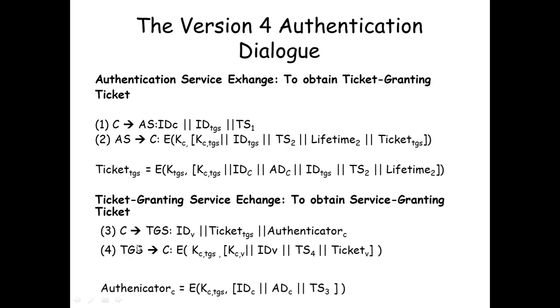Once the ticket granting server receives this request, it will respond to the client by sending a message encrypted by the key KC,TGS, which is shared by the client and the ticket granting server, containing the key which has to be shared by the client and the server, the identifier of the server with the timestamp, and another ticket which has to be sent to the actual server.